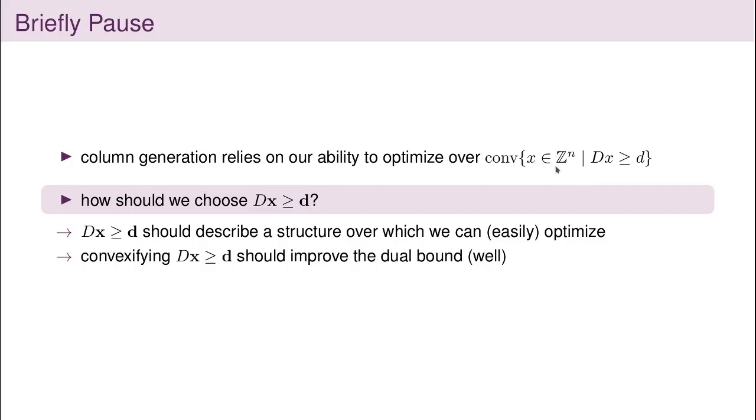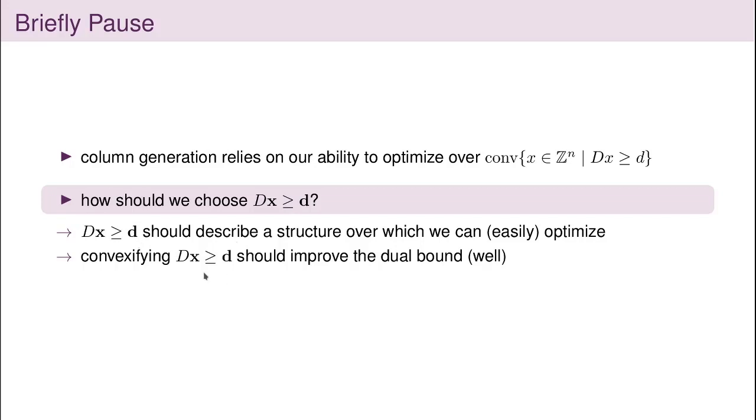But for integer programs, we assume that we can obtain the integer feasible solutions or even integer optimal solutions for an IP here. And that gives us some hint how we could choose this set that we reformulate. On the one hand, it should describe some structure, some problem where we think we can easily optimize over.